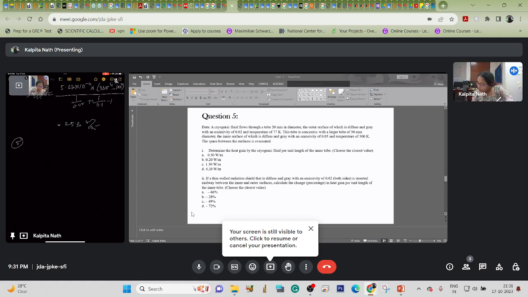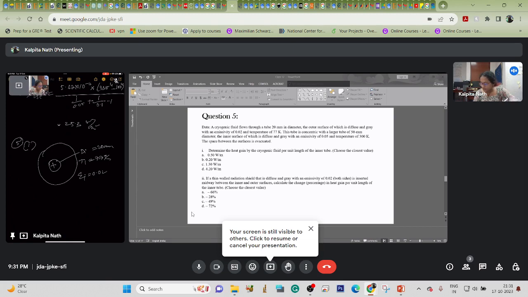For this problem, the first part is a cryogenic chamber. The internal diameter is 20 mm and temperature is 77 Kelvin, with emissivity epsilon I of 0.02.